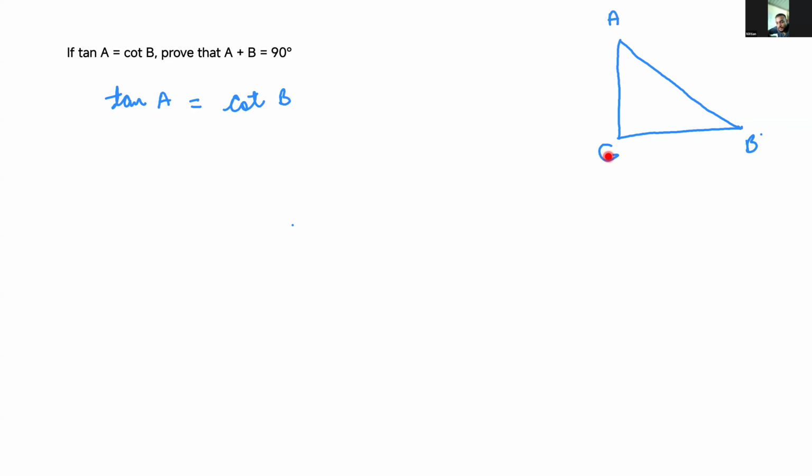Yes, sir. Is the naming correct or incorrect? If it is correct, then you have to give me the reason. If it is incorrect, then also you have to give me the reason. I don't know actually because you said A plus B is equal to 90. Is that what you have to prove?